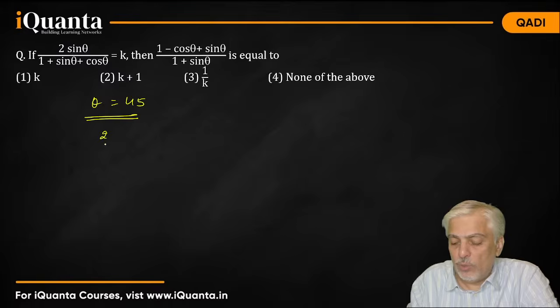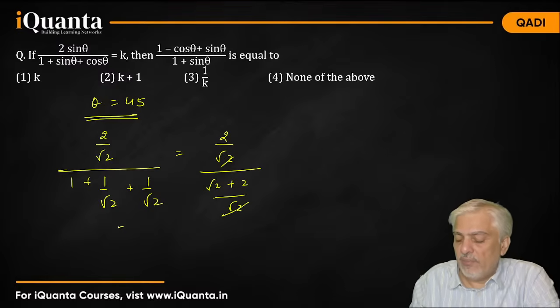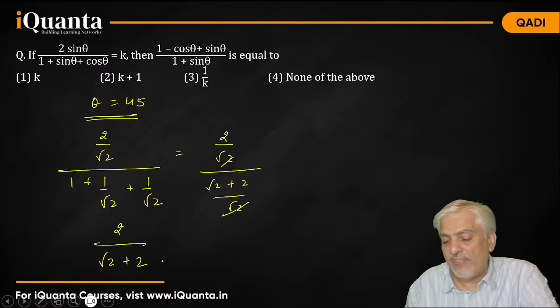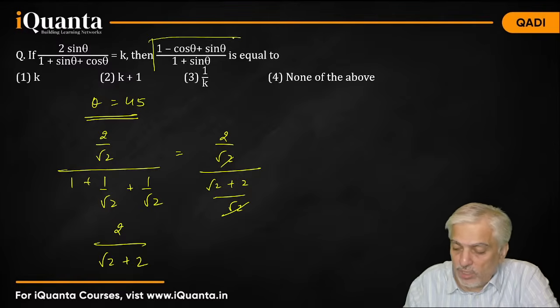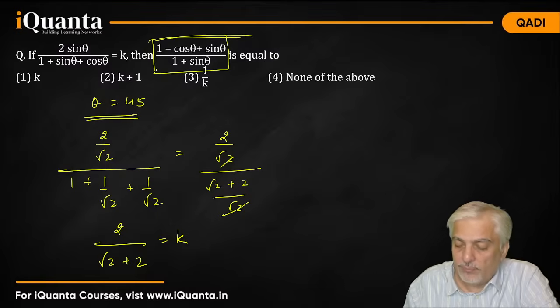So numerator will be 2 upon root 2, upon 1 plus 1 upon root 2 plus 1 upon root 2. Right? So we'll be left with 2 upon root 2 upon (root 2 plus 2) upon root 2. This root 2 cuts. We are left with 2 upon (root 2 plus 2). You can rationalize it or you can leave it as it is. And then you can solve. So this is k. And now you can solve for what you want.